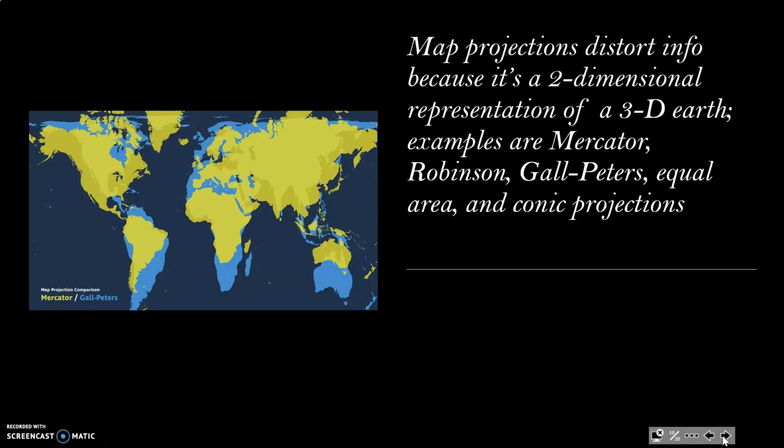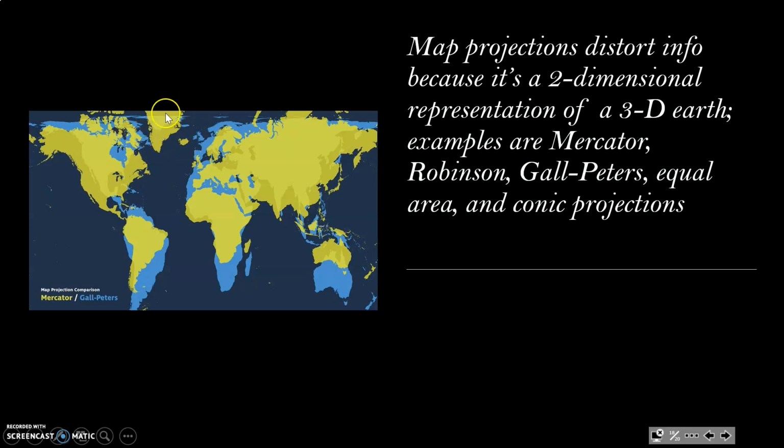Map projections also distort information because it's a two-dimensional, flat representation of a 3D Earth. So some examples of projections, and there's dozens of projections, are Mercator, Robinson, Gall-Peters, equal area, and conic projections. And looking at this image, the yellow is the Earth using the Mercator projection.